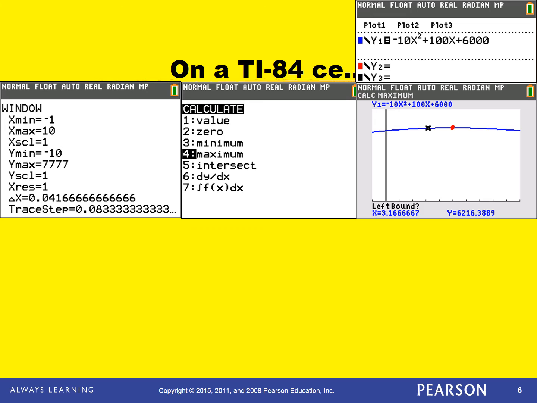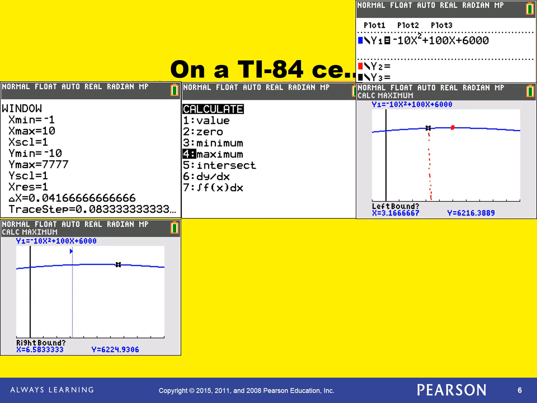That's where we think the vertex is going to be. Well, if we set a left bound way over here, we know that vertex is going to be to the right of the left bound. We're also going to set a right bound on this vertex. We're kind of helping the calculator.